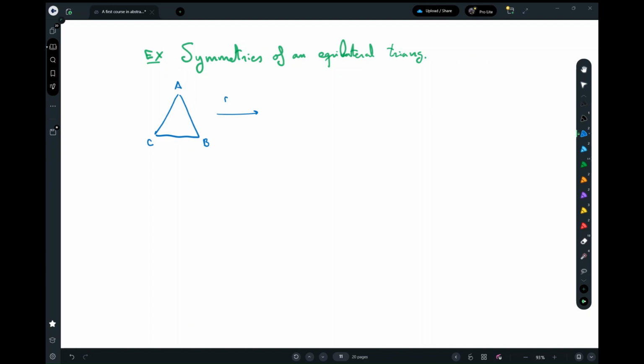I can do, for example, a vertical reflection, like so, and that is going to lead me to A being put here, and B and C here. And I can also do rotations, in this case a 120-degree rotation that will bring A here and C here and B here.